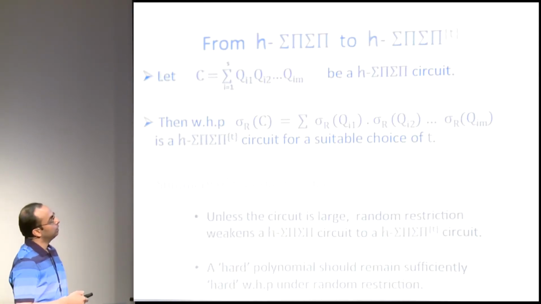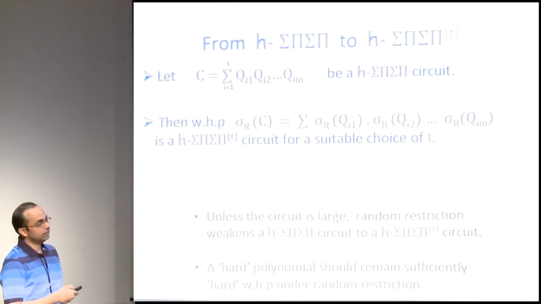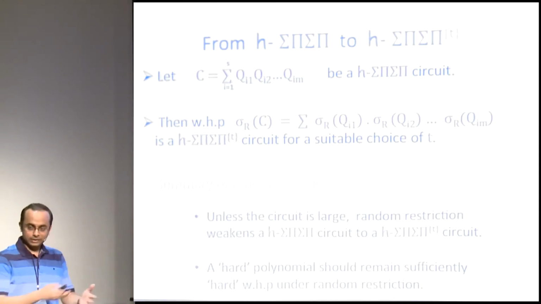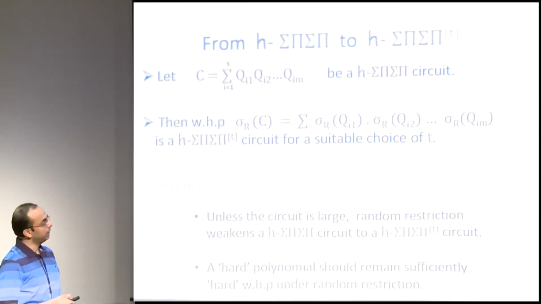Okay. So the summary is this: unless the circuit itself is large, which means its total sparsity is large, random restriction will weaken a homogeneous depth four circuit to a homogeneous depth four with small support. I'm using curly braces now to denote small support instead of square braces.